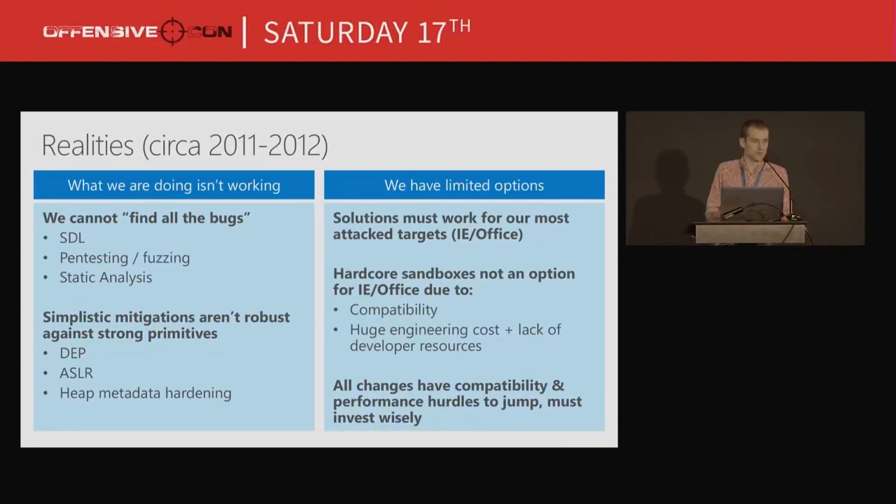But the issue for us is that both of those products have lots of compatibility concerns due to their old plugin models, and so doing any sort of sandboxing ends up running up against those compat concerns. Sandboxing also has a really huge engineering cost, and at that time, we just did not have the engineering resources to pull off that effort.